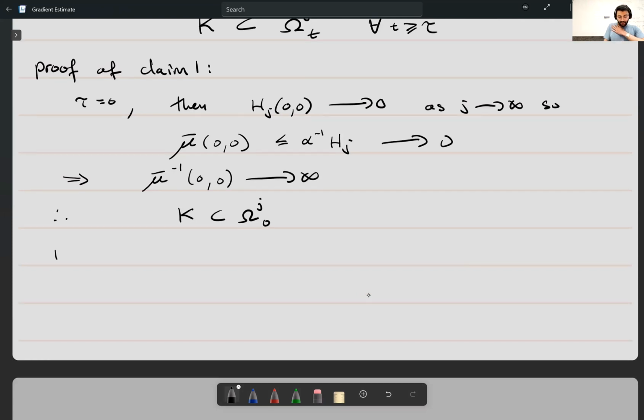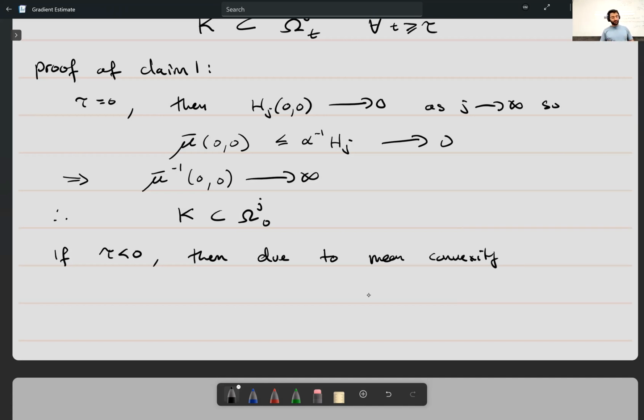Now if tau is less than 0, then because the surface is mean convex, so we're looking at mean convex mean curvature flow, due to mean convexity the flow is always contracting, right? Because the surface flows in the direction of the mean curvature vector.